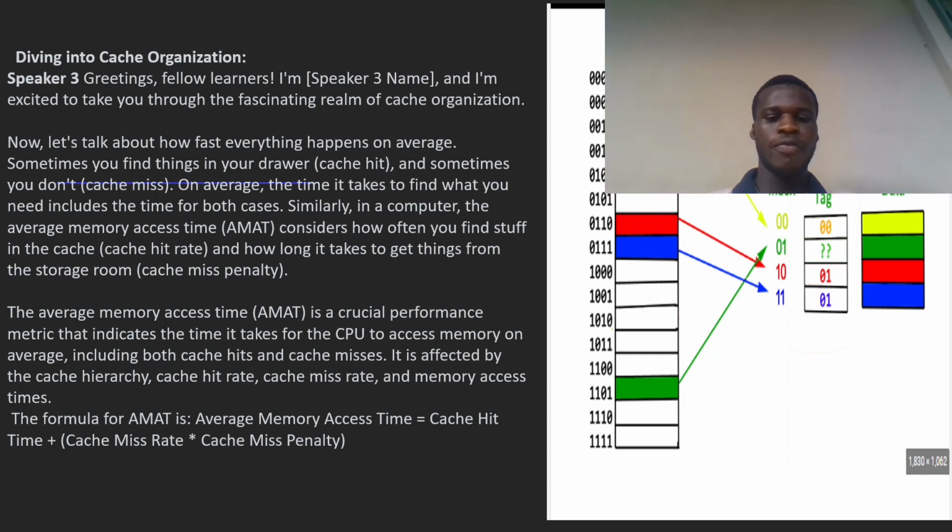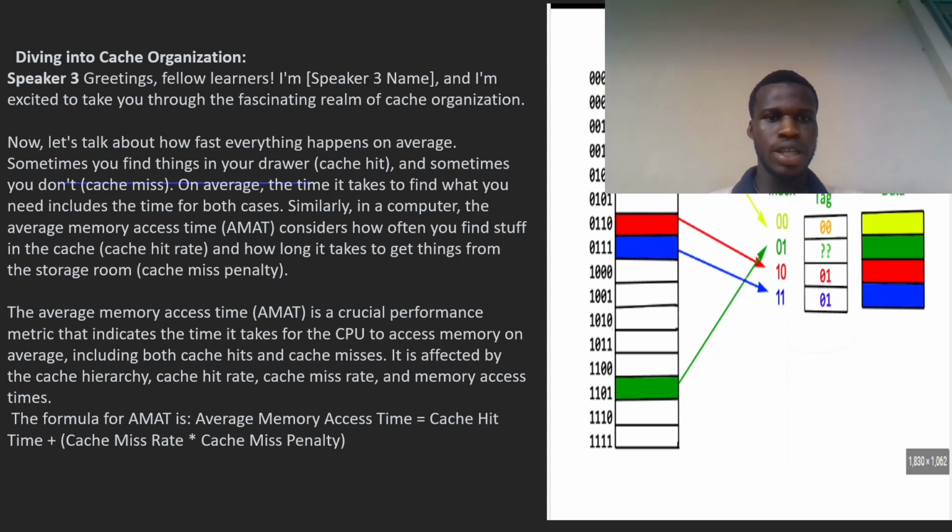The formula for AMAT is average memory access time equals cache hit time plus cache miss rate times cache miss penalty. This is simply the formula for finding AMAT, that is the average memory access time.